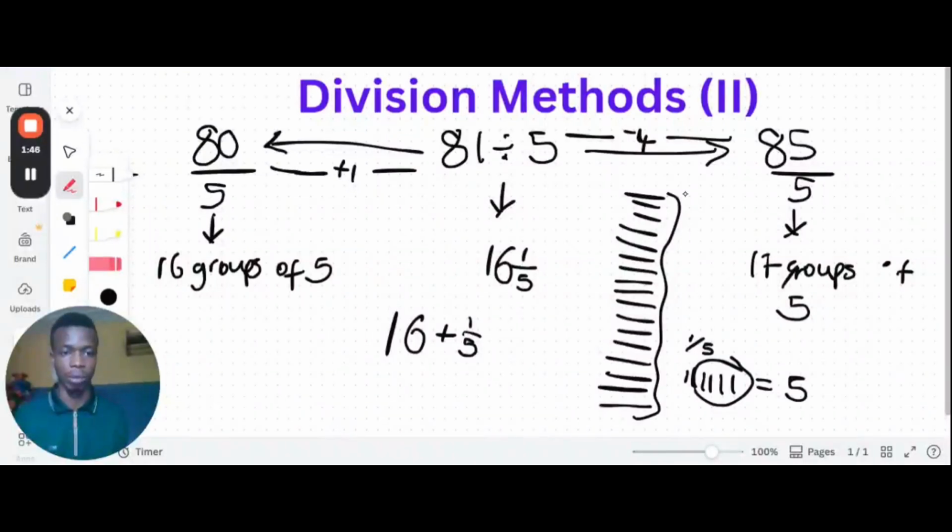Of course, you're going to remove four parts out of 5 from the last part. By removing 4 parts out of 5, you're left with 1 part out of 5. So what you have is 16 parts and 1 part out of 5, which is basically 16 parts plus 1 part out of 5, which is still 16 and 1/5.